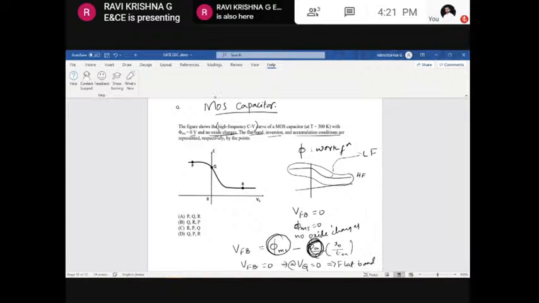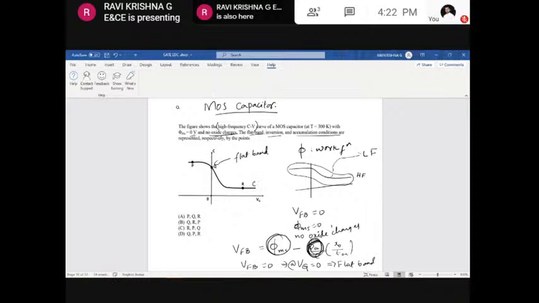Which means if you look at this particular curve, the x-axis is the gate voltage, and at Vg equal to 0, the flat band voltage is 0, right? So the point Q corresponds to the flat band condition, and it is of a p-type substrate.